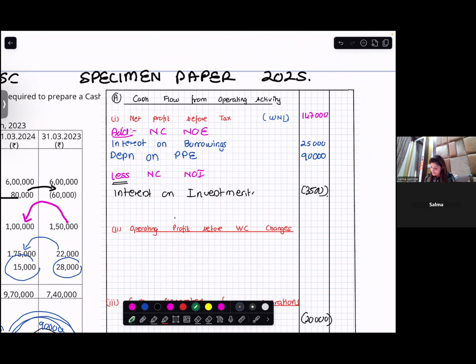So I have 147,000 plus 25 plus 90 minus 3,500. This is going to give me operating profit before working capital changes, and this comes up to 258,500.